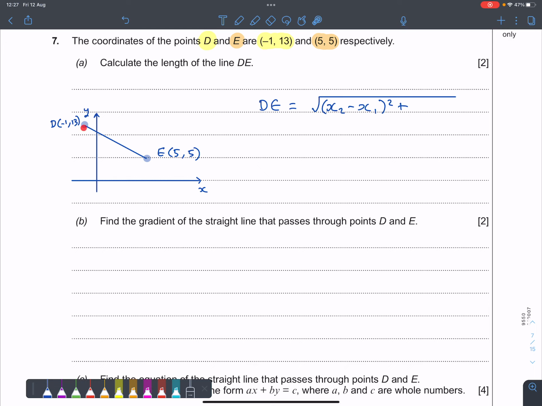b in this case is going to be the height. So it's the difference between those two. The difference is, again, the subtraction. So it's (y2 minus y1) all squared.